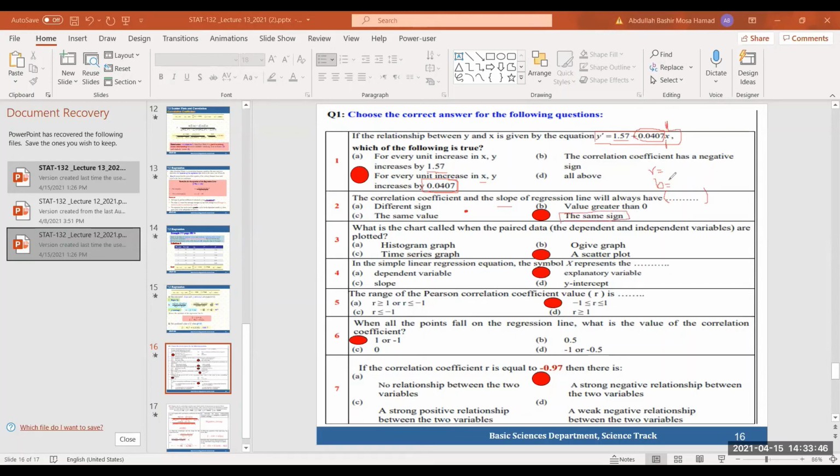So by the value of b, we can know the direction of correlation, but we cannot know the strength of the relation. In order to know the strength of the relation, we have to know the value of r. But by b, we can know the direction of the relation.